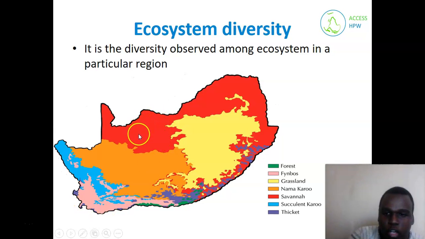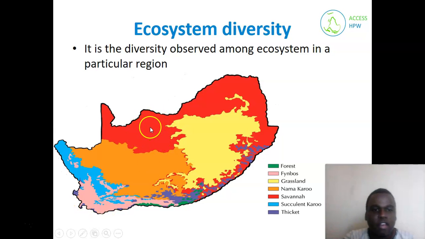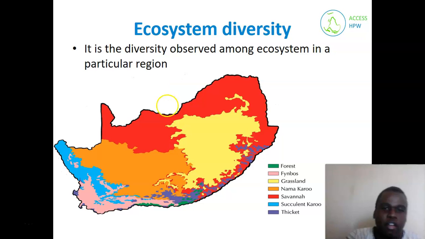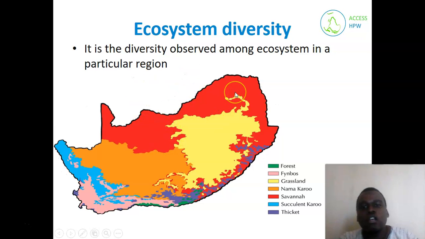And here we've got in red, we've got the savanna. The savanna as well will be a home to different types of species that will make the savanna unique. Here in the savanna, mostly you'll find your tree species such as your acacia species. That makes the savanna biome unique.